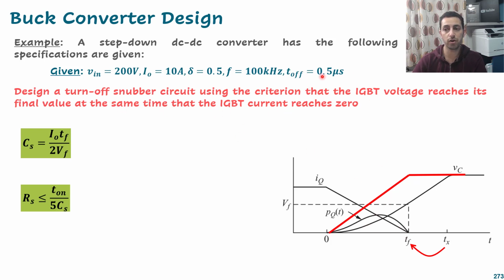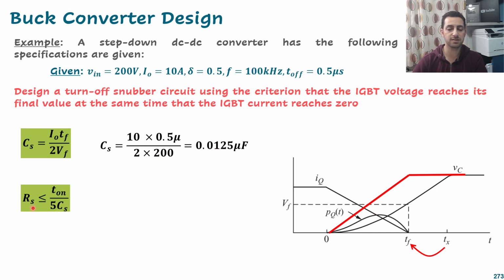And VF, when the current is 0, will be the final value or off-time voltage, which is 200, because when we switch off the MOSFET, it will maintain 200 volts across its terminals. So we have 10 times 0.5 microsecond divided by 2 times 200, and that will give us 0.125 microfarad.